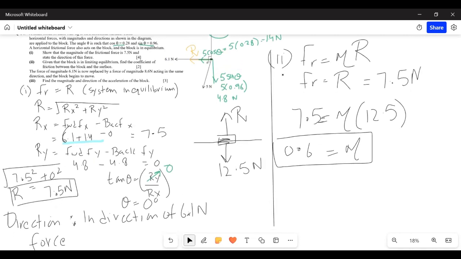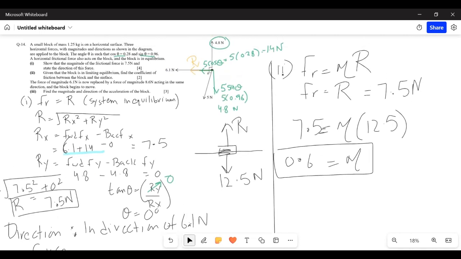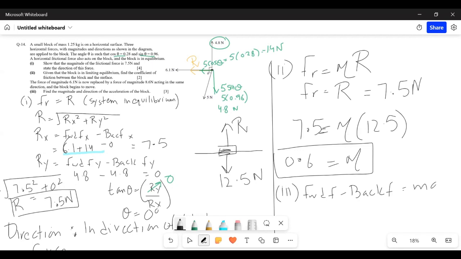That is 8.6 Newtons. So now that means the equilibrium will break and the block will move in the forward direction of the new force 8.6 Newton. So हमने acceleration find करनी है, so we're going to use the formula forward force minus backward force equals ma.